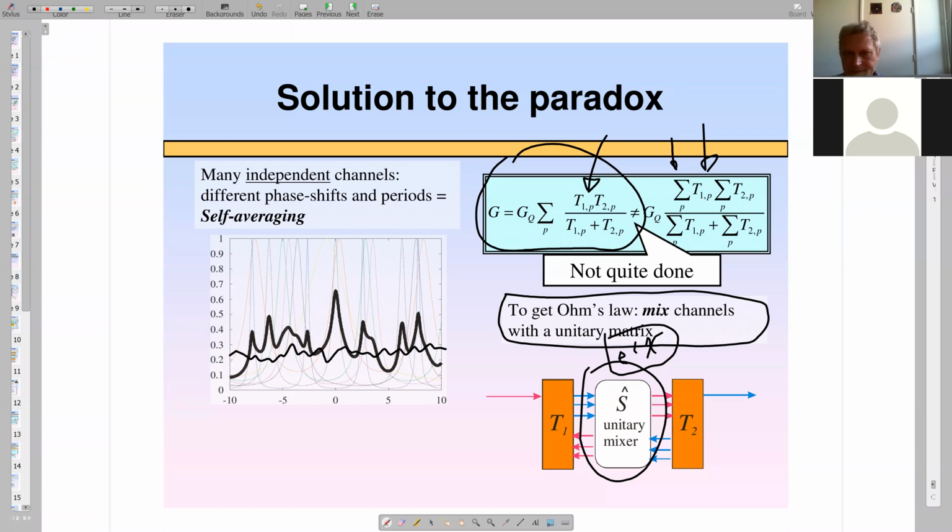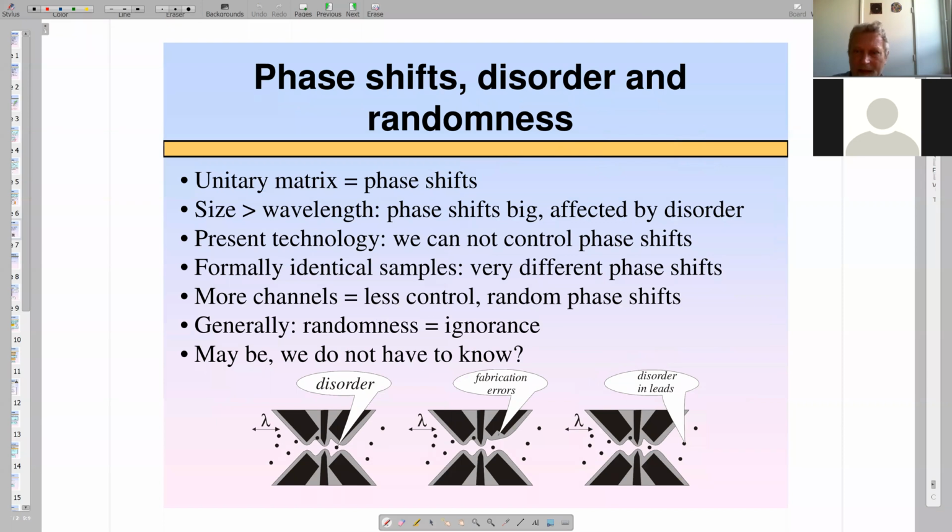Where to go further? Let me add some philosophy at this point. Not that I like philosophy, but sometimes it's needed to get an overall picture. So these unitary matrices, which are important in the case of a big number of channels, can be seen as a set of phase shifts.